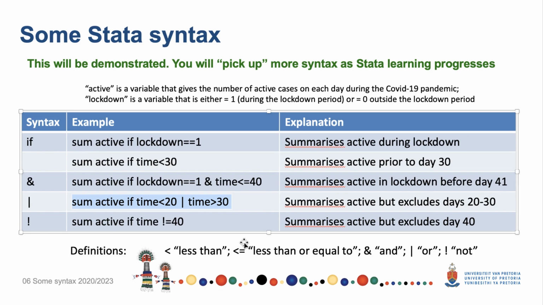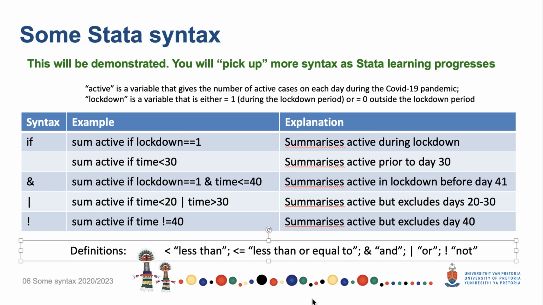And it will average those cases, but it will leave out cases on days 20 through to day 30. Finally, sum active if time is not equal to 40. That's the exclamation mark. This will average or summarize all the cases that are available except on day 40. It will leave day 40's observation out.